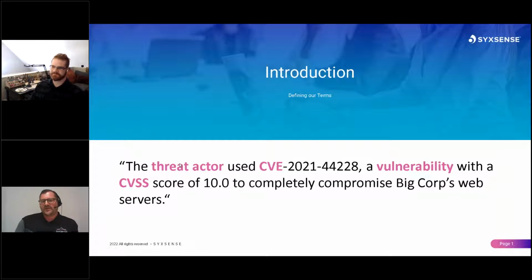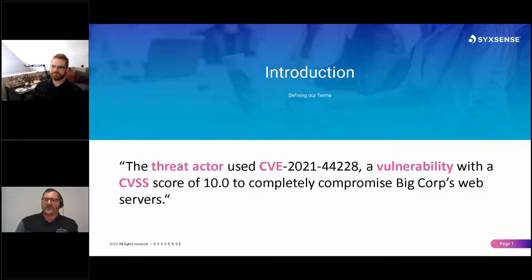So the threat actor used CVE-2021-44228, a vulnerability with a CVSS score of 10.0, to completely compromise a server. So that is what you probably are familiar with when you see a news announcement come through, whether that's through Google, or you have security feeds, or in fact, like us, you have access to Microsoft Threat Intelligence.